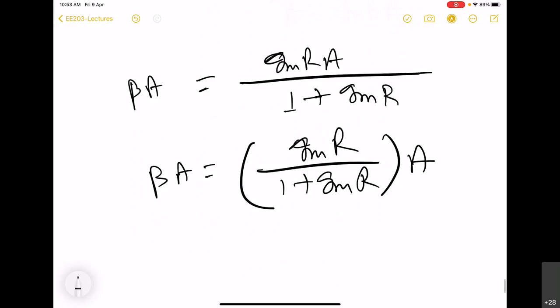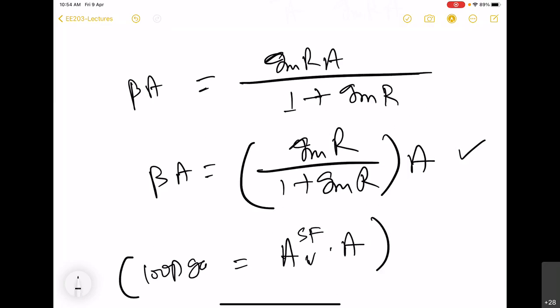So you recall that we got exactly the same result earlier, and that result was basically the voltage gain of the source follower multiplied by the gain of the op amp. So this is what we had got earlier.